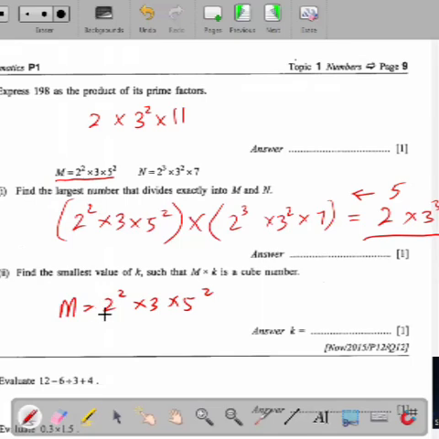To make every power 3, I will have to multiply by 1 power of 2, 3 power of 2, and 5 power 1, so that everything shows as a cube number, with the powers added. In that case, k equals 2 multiply 3 square multiply 5, so 9 times 2 is 18, and 90 should be there.